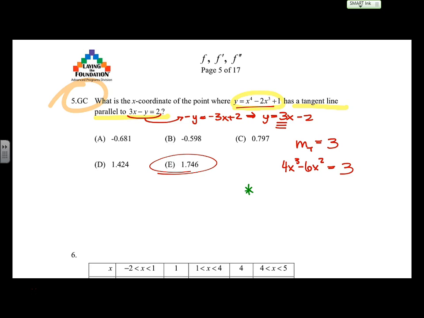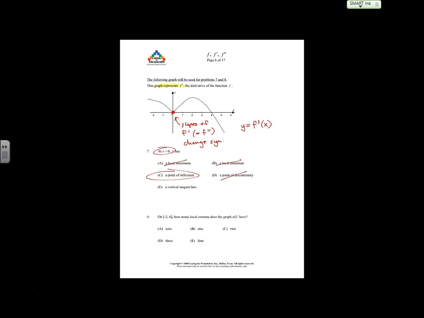You can either use intersect with y1 equals y2, where one side equals the other, or you could use the 0 feature where you subtract whatever's on the other side and you're trying to find the 0. 2 different ways of solving. Do we understand how to use our graphing calculator for that? Cool.